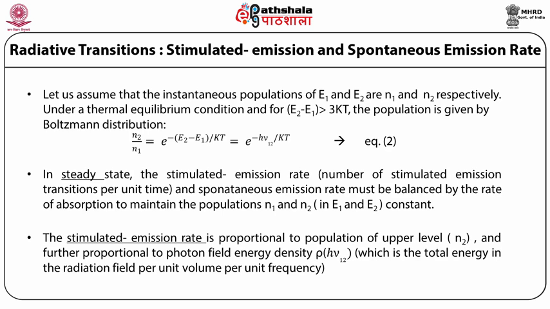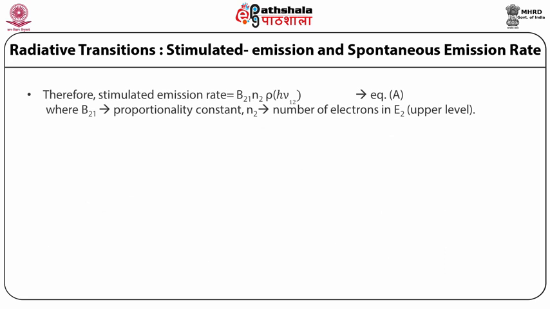The stimulated emission rate is proportional to the population of the upper level, that is N2, and further proportional to the photon field energy density rho h nu 12, which is the total energy in the radiation field per unit volume per unit frequency. Therefore, the stimulated emission rate is equal to B21 N2 rho h nu 12, where B21 is the proportionality constant, and N2 is the number of electrons in E2, that is the upper level.